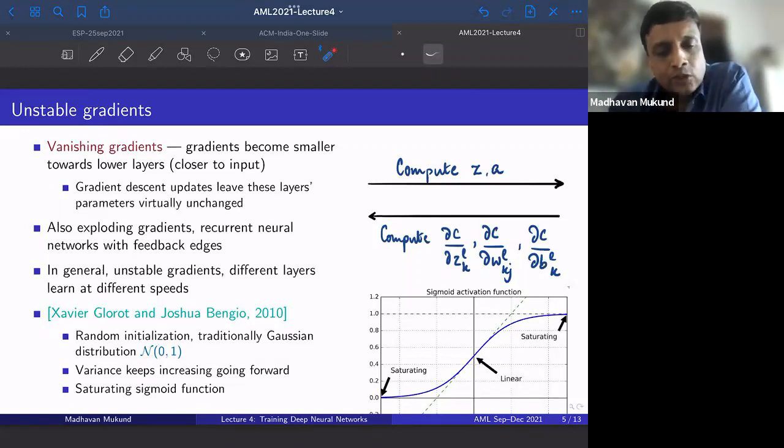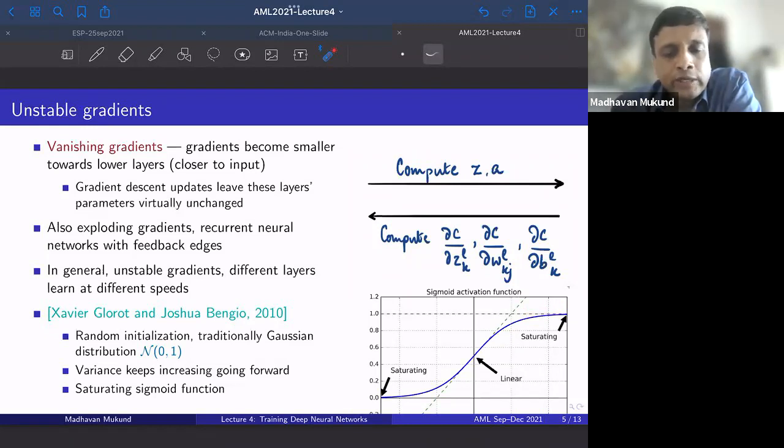The problem with this is 2 things. It turns out that if you start with this at the initial stage, then as we do forward and backward propagation, the variance actually starts increasing, especially going forward in the network. When you go to the later nodes, their weights are pushing the whole thing either to a large positive value or to a large negative value. And that coupled with sigmoid gives you a problem, because we already observed last time that the sigmoid at both ends has 0 slope.